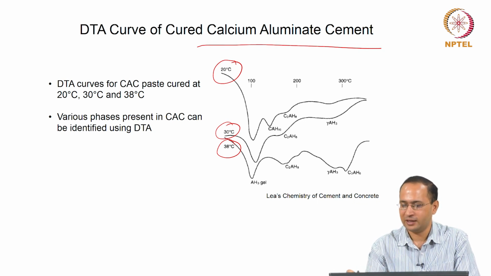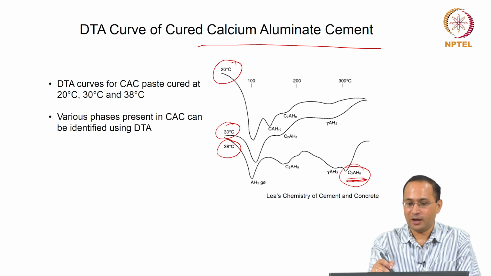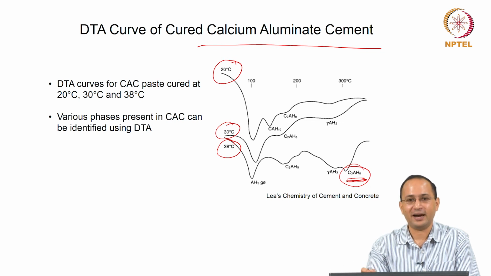So you can see here in the 38 degrees C cured sample you see C3AH6. This is the conversion. Obviously it takes time, but using DTA we can identify what kind of phases are formed.